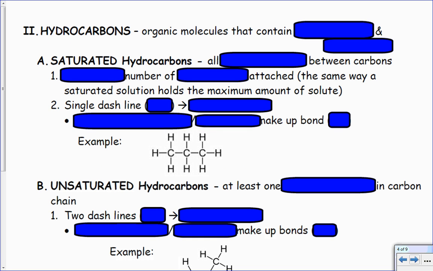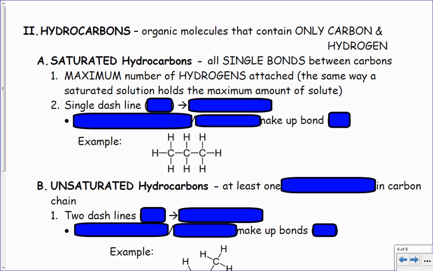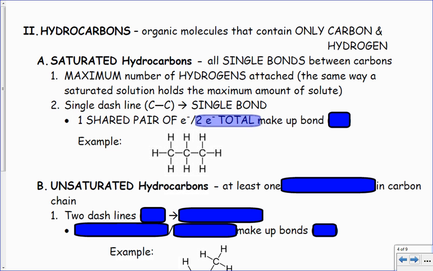And let's move on to hydrocarbons. Organic molecules that are only carbon and hydrogen. A saturated hydrocarbon is one where all the bonds between the carbon atoms are single bonds, and the maximum number of hydrogens is held by the carbon chain. A single dashed line, carbon-carbon, is a single bond. 1 shared pair of electrons, so 2 electrons total, make up the bond.